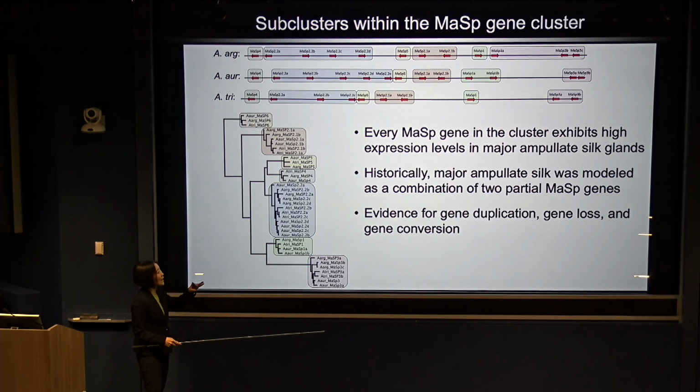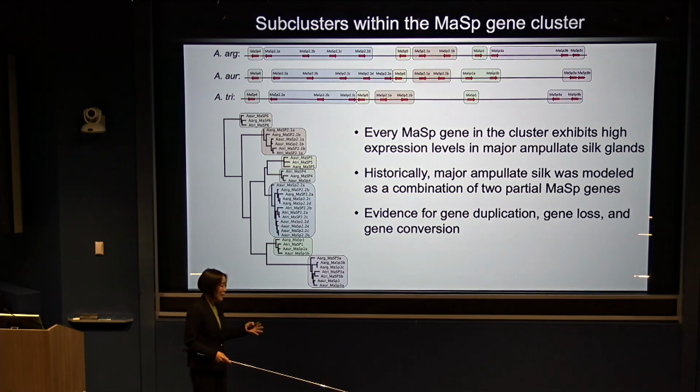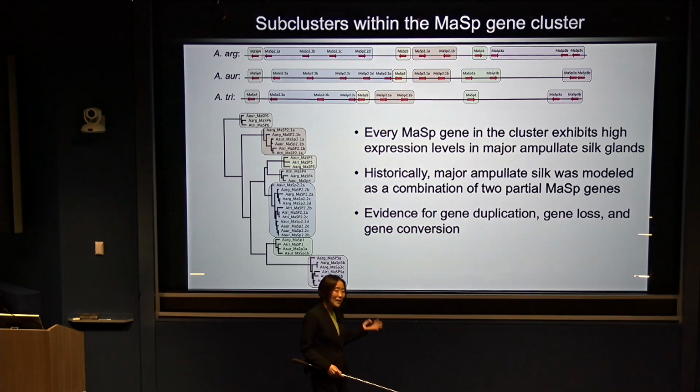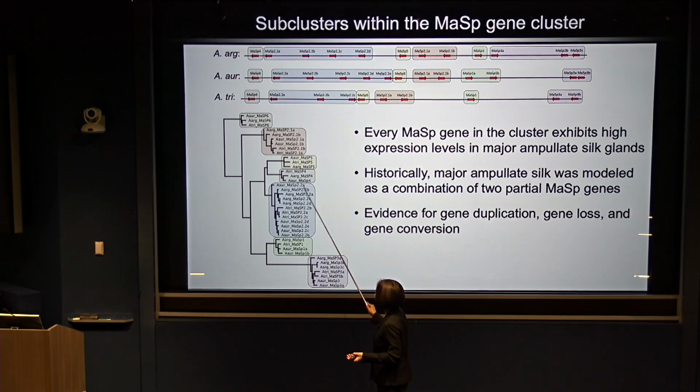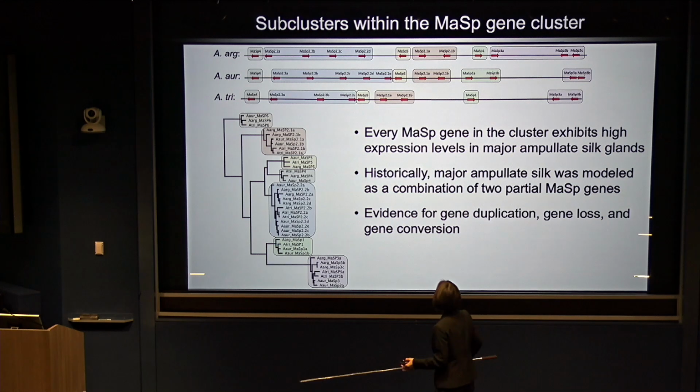So what we're seeing is that the ancestor of these species must already have had these higher-level categories of major ampulate spidroins, but within a particular category, we can get some insight into what's going on, especially with gene conversion, gene duplications, and gene loss.